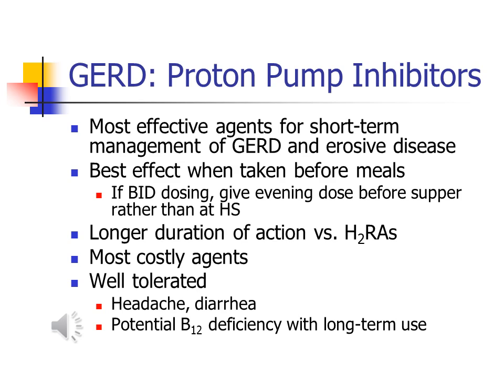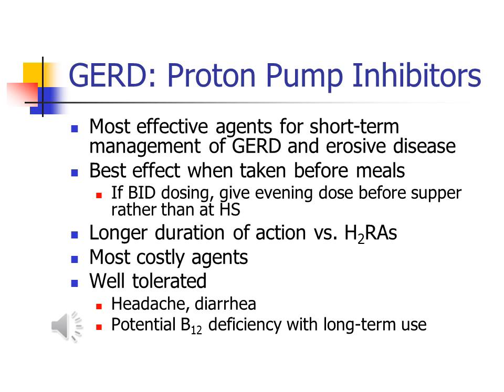As a class, the PPIs have a longer duration of action than the H2 receptor antagonists. As I mentioned, they're also the most costly. They're quite well tolerated, with some of the side effects being headache, and diarrhea isn't uncommon. I've seen that in several patients, and it can often be managed by dose reducing the PPI dose.